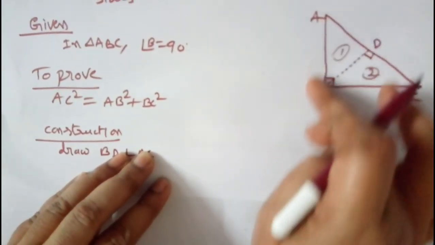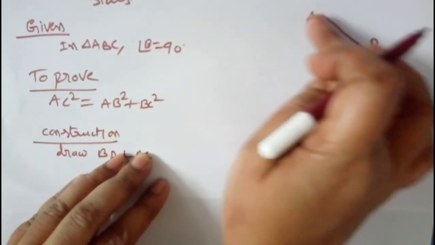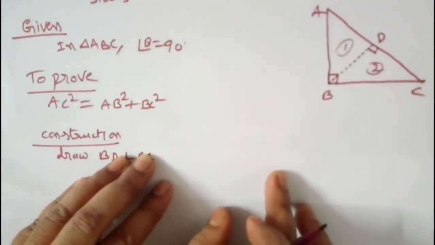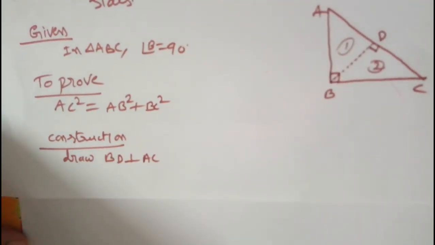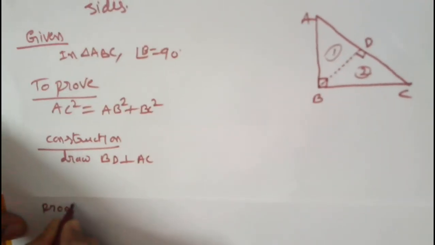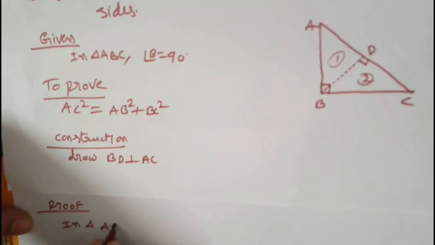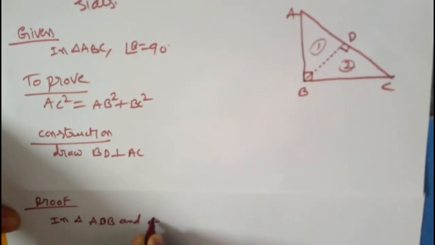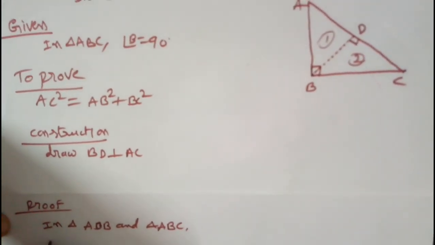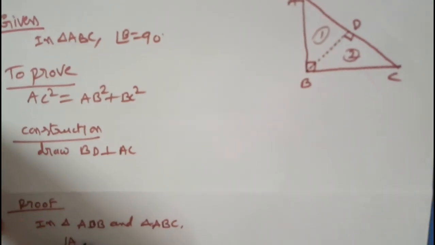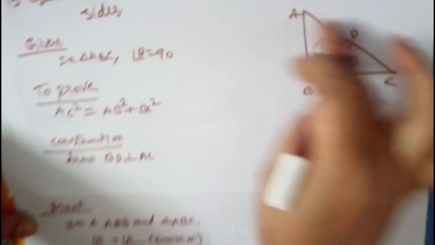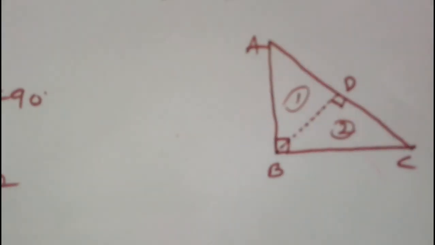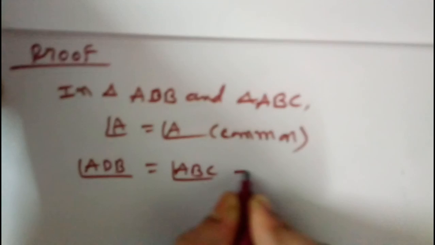Angle A is the common angle, angle A is equal to angle A. Next, angle ADB is 90 degrees and angle ABC is 90 degrees, each angle 90 degrees.